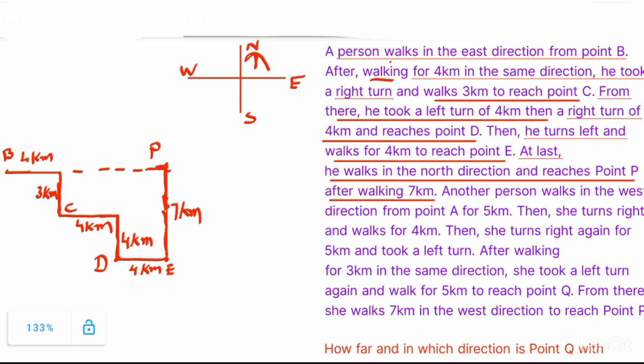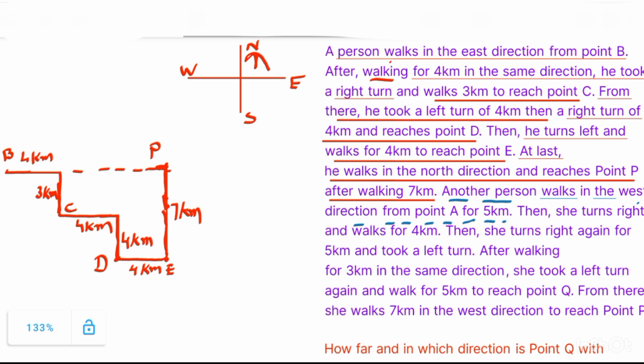Now another person walks in the west direction from point A for 5 kilometer. Now here in the whole question you will see that there is nothing given about where point A is. So what we will do, we will read the last line of the question.